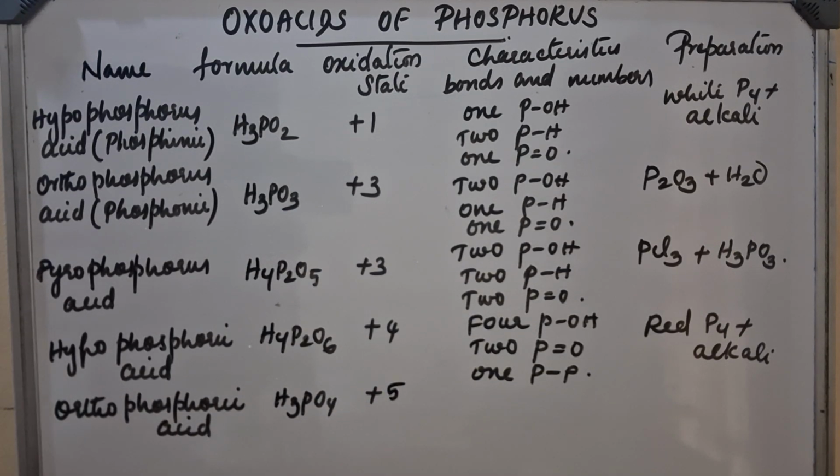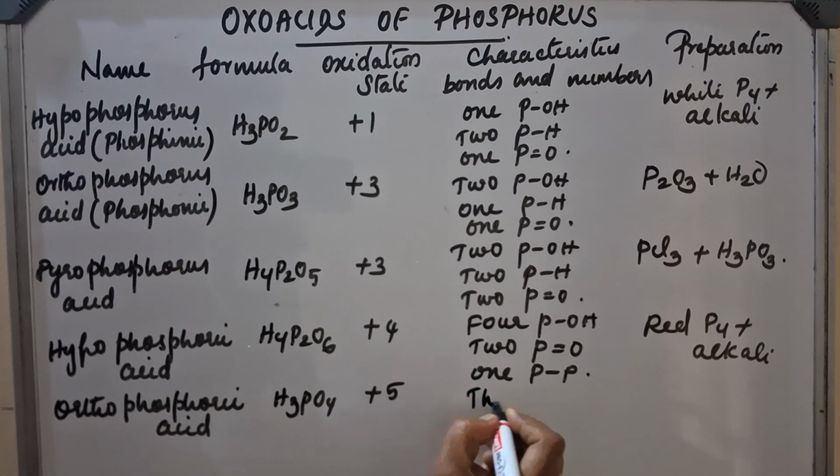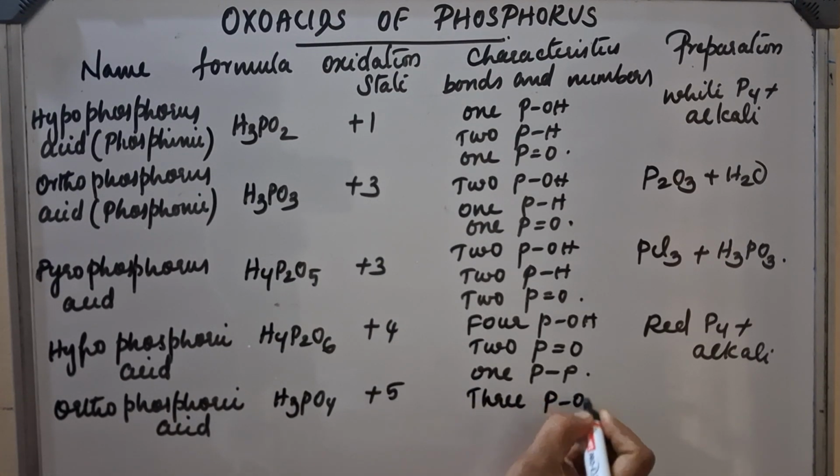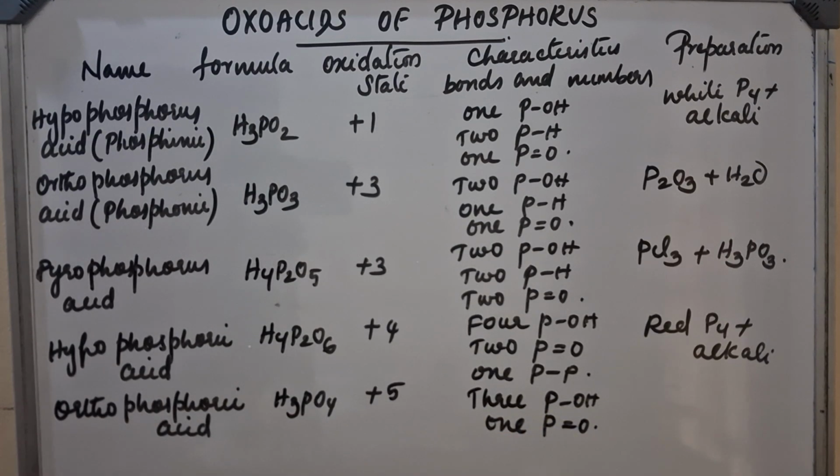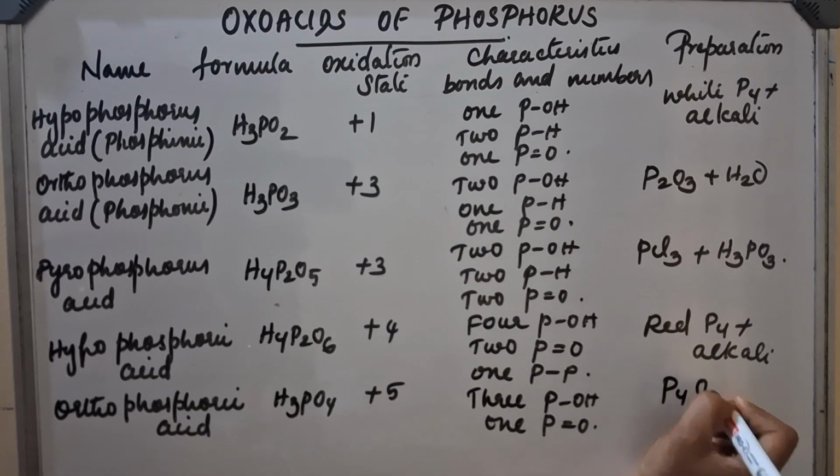See the difference, it contains 3 P-OH and 1 P=O. Now, how can we prepare it? Reaction between P4O10 and H2O.